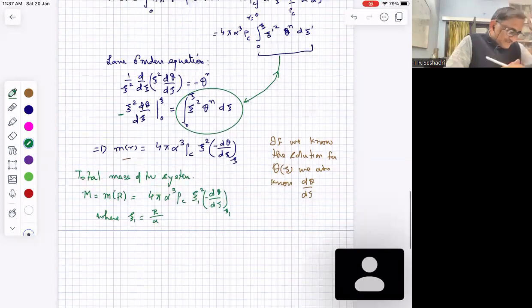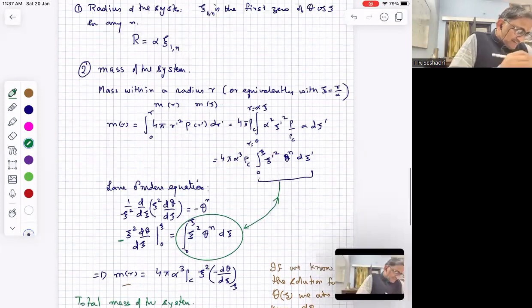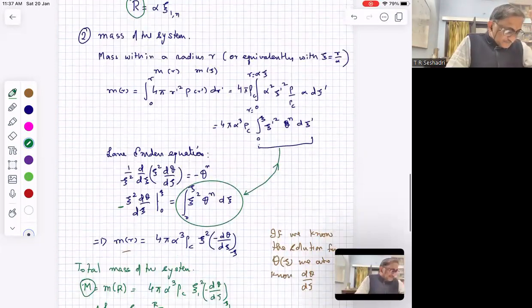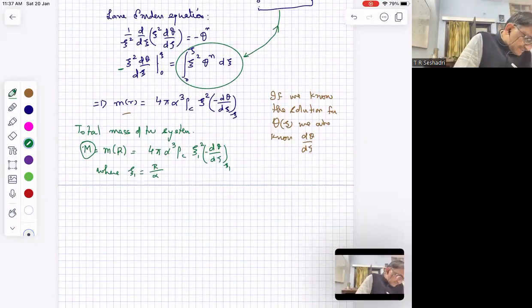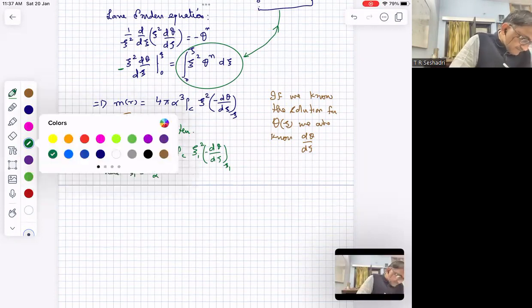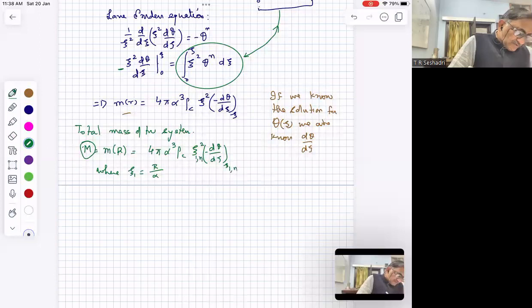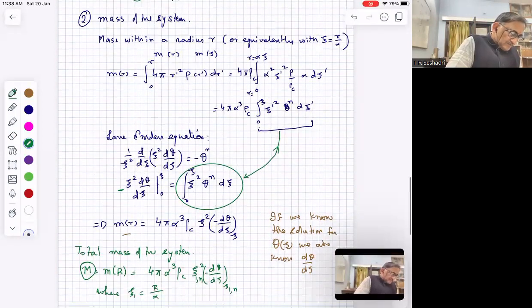So this I have now got, the mass of the system and the radius of the system. And at this point, you will find something very interesting. Let me call these xi1 comma n and theta prime at xi1 comma n, to indicate that it is for the nth polytrope.